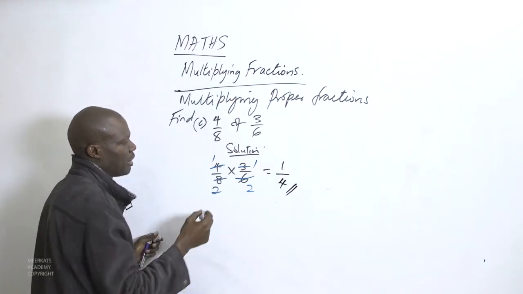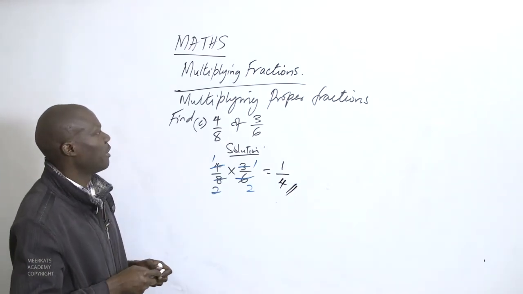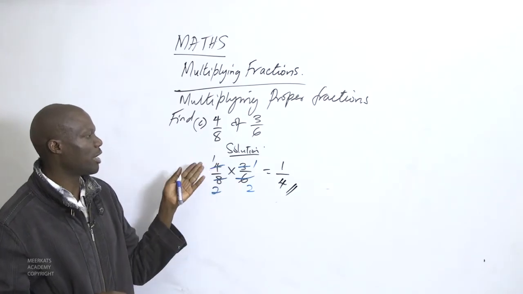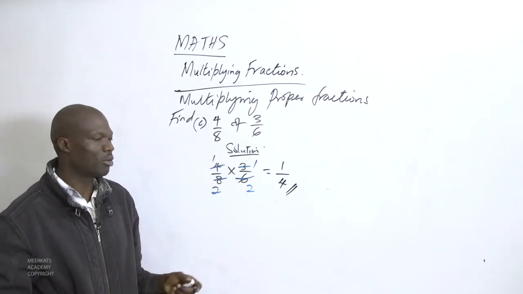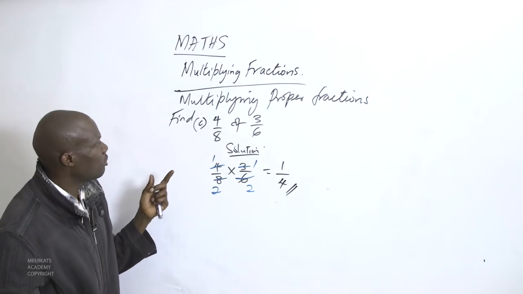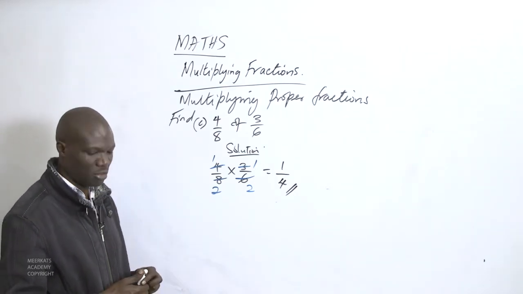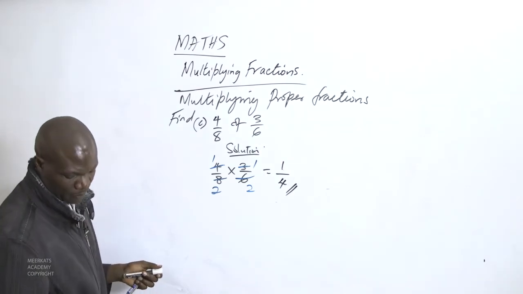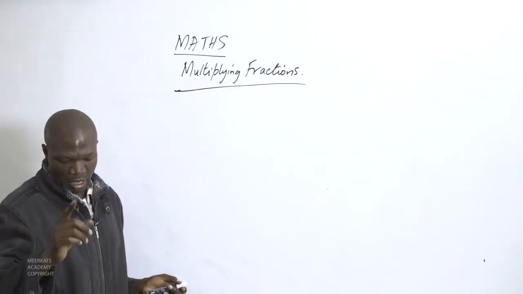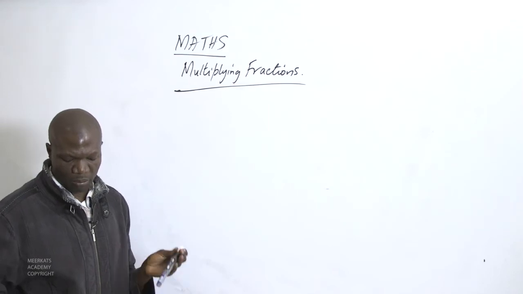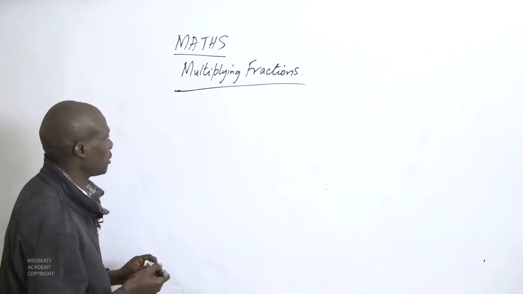So when you multiply and cancel, you get a quarter. So 4 over 8 of 3 over 6 is equal to a quarter. Now we want to look at multiplying proper fractions by whole numbers.